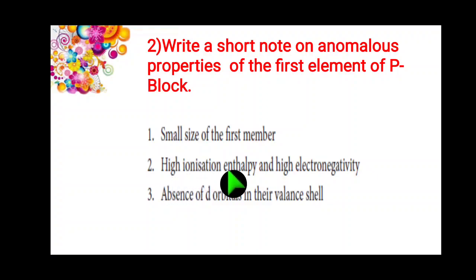Second, high ionization enthalpy and high electronegativity. Third, absence of d orbital in the valence shell. So these are the points: small size, high ionization enthalpy and high electronegativity, and absence of d orbital. These are the different properties boron has.